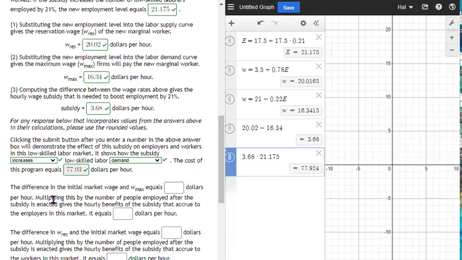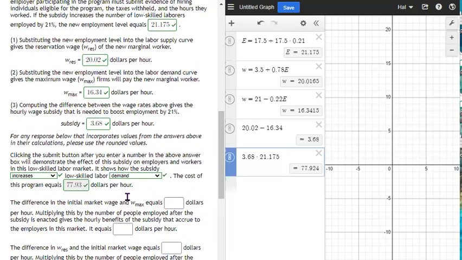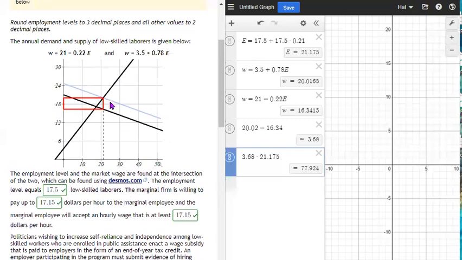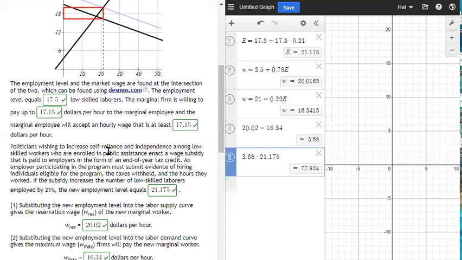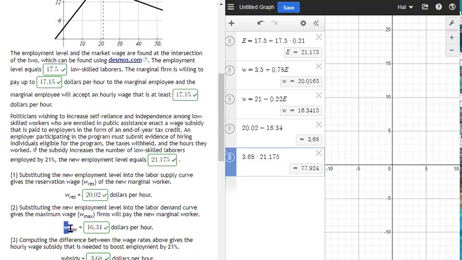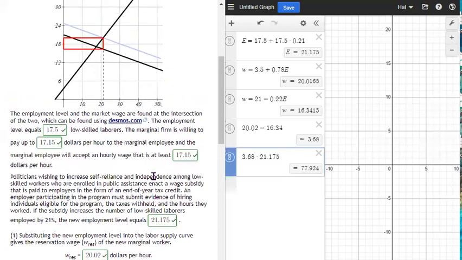Okay, so the difference in the market wage and this W max, right? The W max, if you remember, is the maximum wage in the absence of the subsidy, the maximum wage firms would pay this last participant of this labor subsidy program, right? That's the maximum wage.